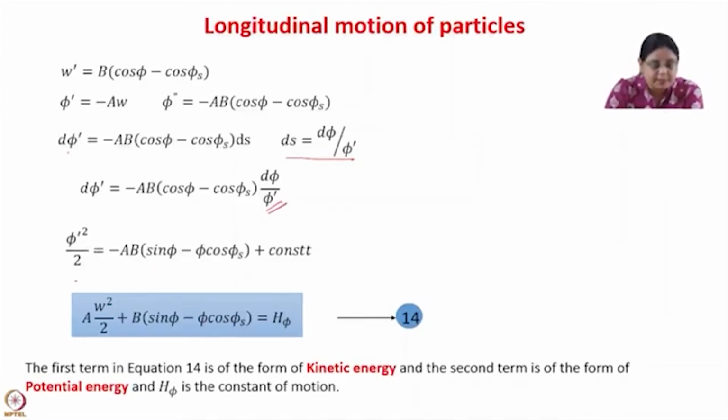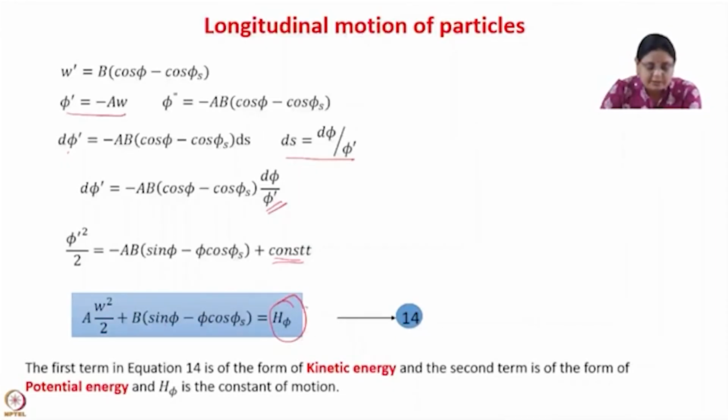Phi prime square by 2 is equal to minus AB times sin phi minus phi cos phi s, plus some constant term. Now since phi prime is equal to minus A w, we can write this as A w square by 2, plus B times sin phi minus phi cos phi s, dividing the whole thing by A, is equal to some constant which we call H phi.